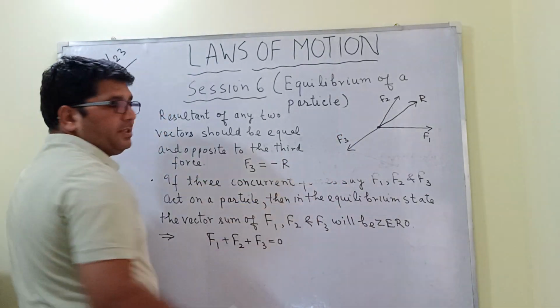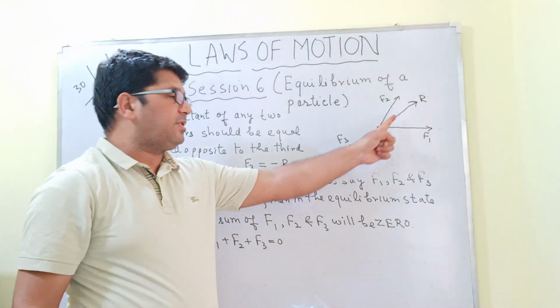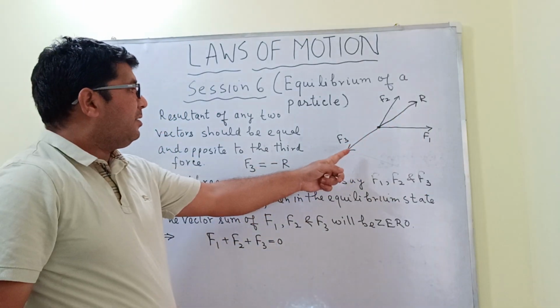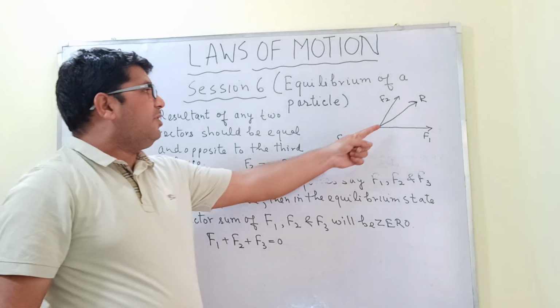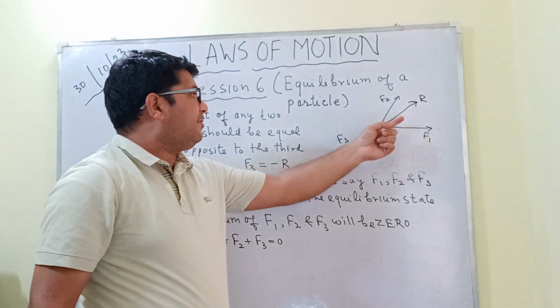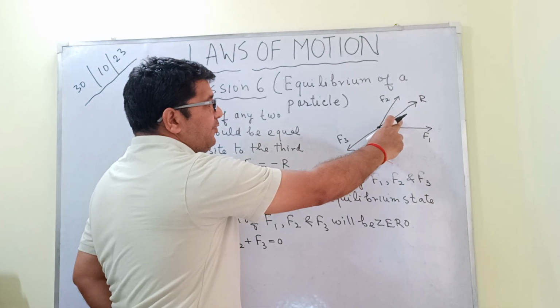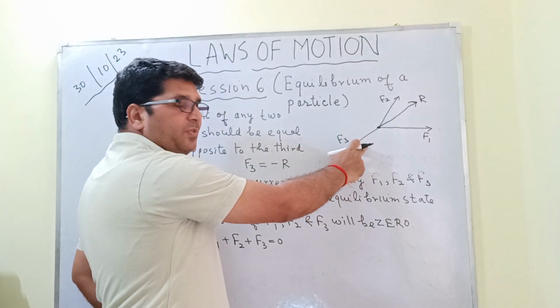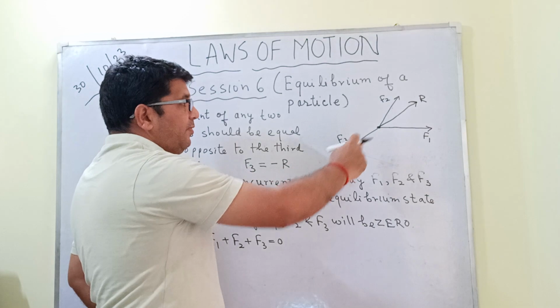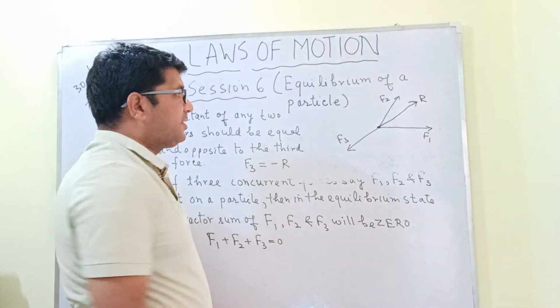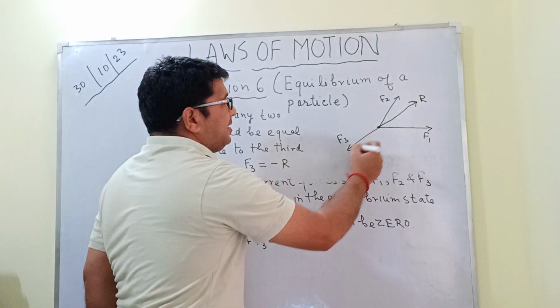Now the line of action, ये डायरेक्शन इसका ऑपोजिट हो गया है. ठीक है. और we can say the line of action of this resultant force and the force F3 should be the same. However, they should be acting in the opposite direction. ये line of action तो एक same ही है. ठीक है.